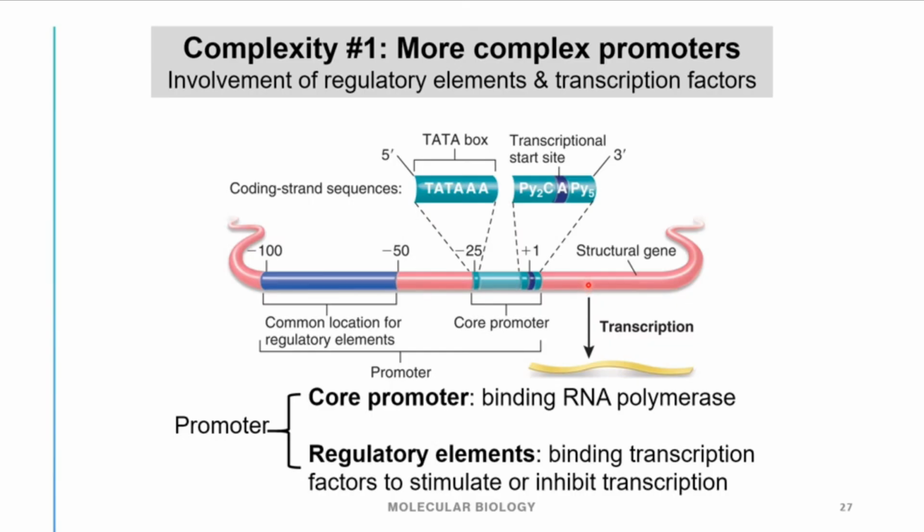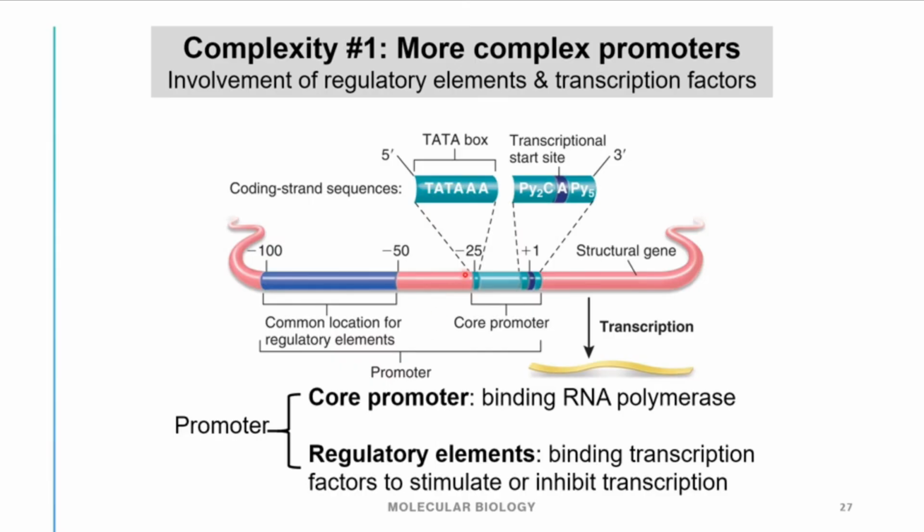And upstream of the structural gene, we have a core promoter, and we have a location where some of the regulatory elements can bind to. And these two things together are called the promoter region for the eukaryotic gene.